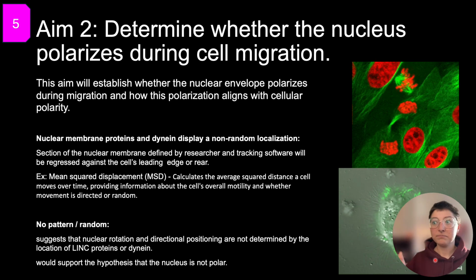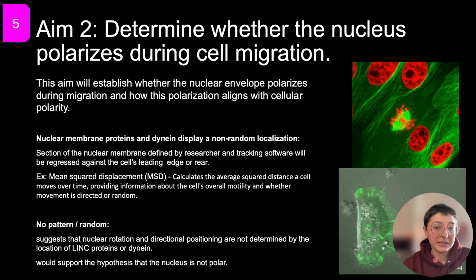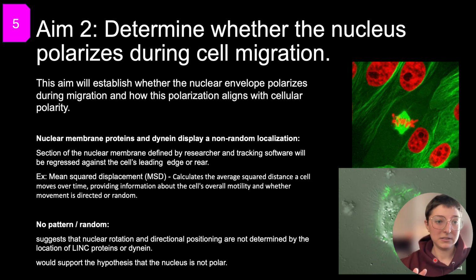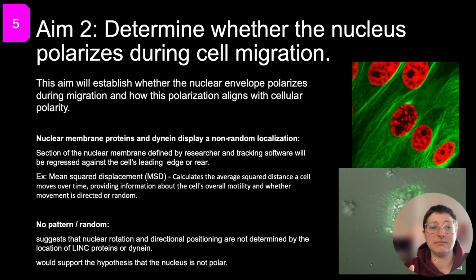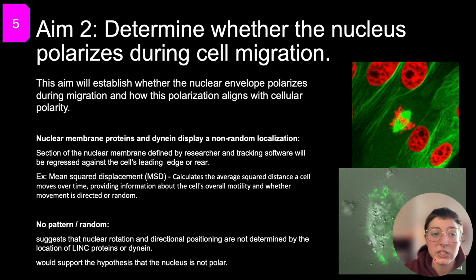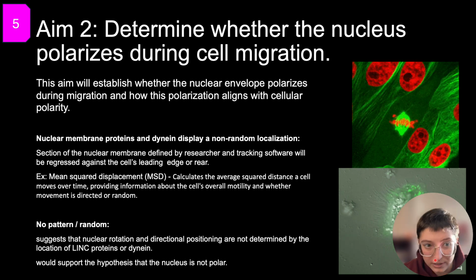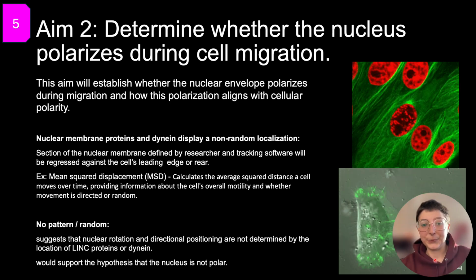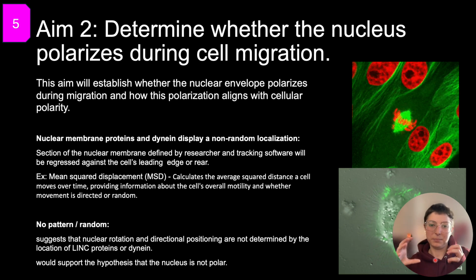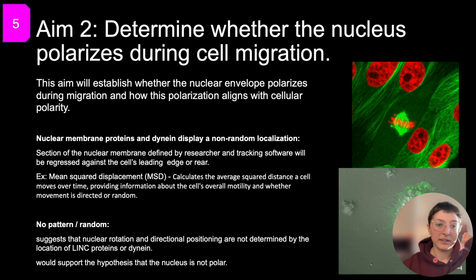So something defines the apical and basal ends of the nucleus, I think. So this aim is here to see whether the nuclear envelope polarizes during migration, and how this polarization aligns with cellular polarity. Does it fit in with the rest of the polar elements in a cell? Is basically what I'm trying to say there.